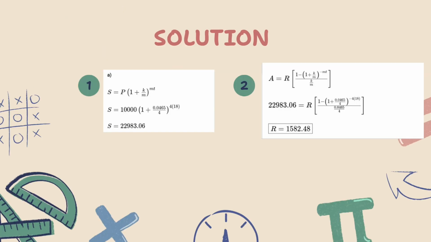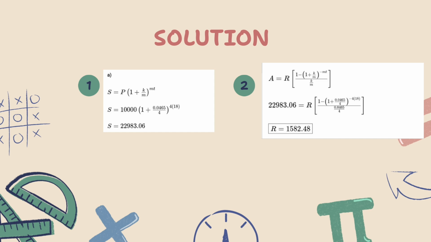First, I use the compound interest formula, S equals P(1 plus K per M) to the power MT, and then list down the information. P is 10,000, K is 4.65%, M is 4, and T is 18 years.